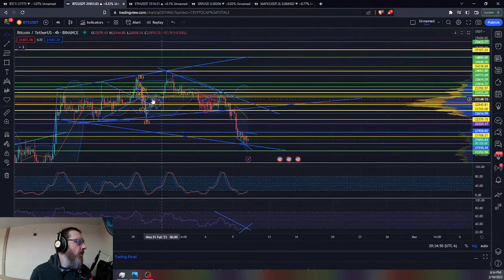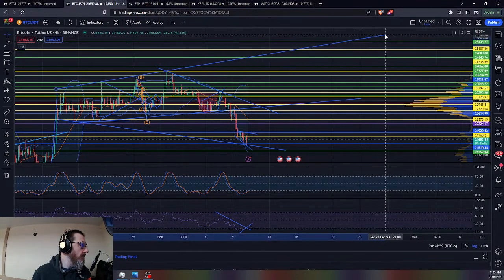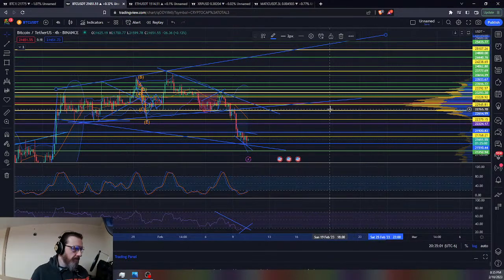So if that is indeed a wider megaphone, we'll get a large bounce to the upside here towards $25,000. Because that's very symmetrical if this wick down is a bottom right there locally and we get a bounce back up. So right now, 22,389 and about 23,000 on the 4-hour are key levels.